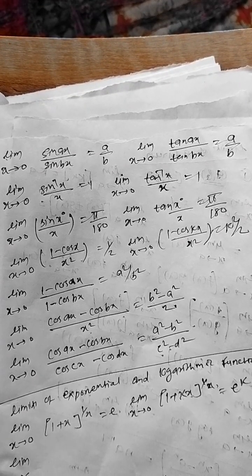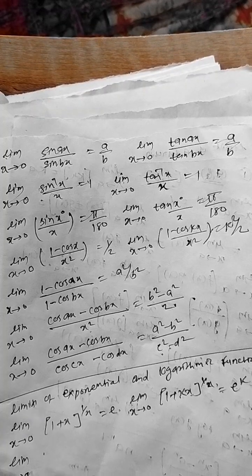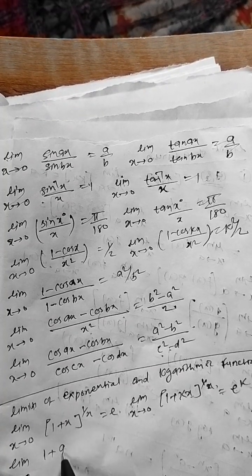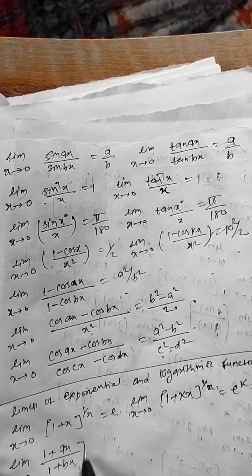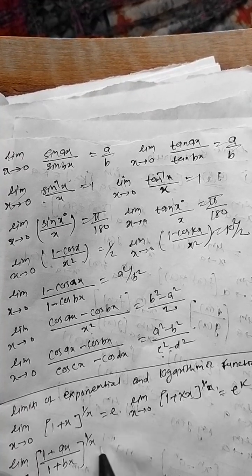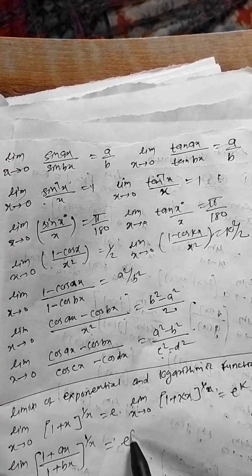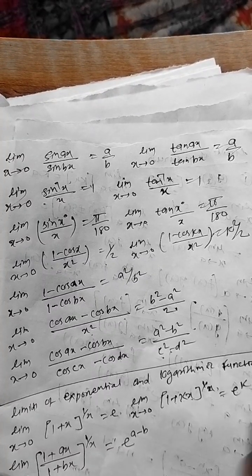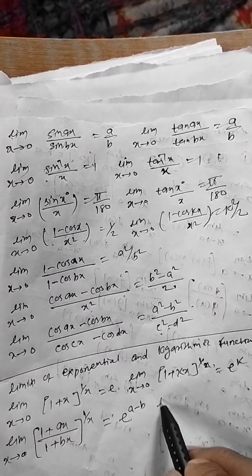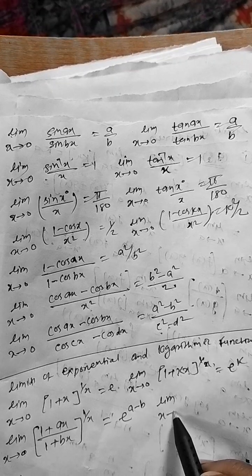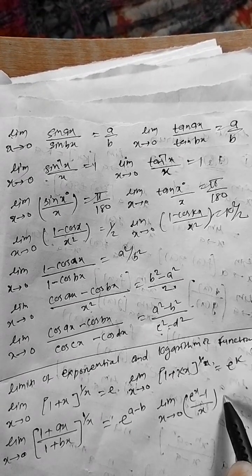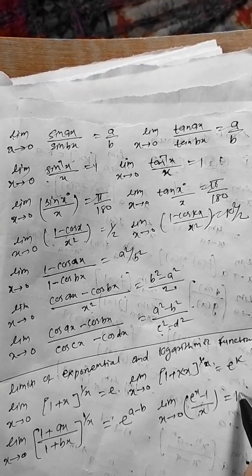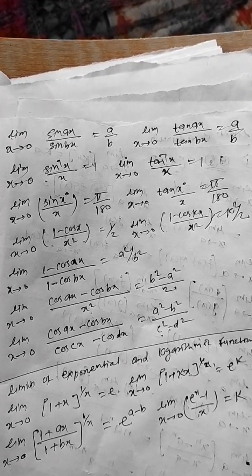Limit of x tends to 0 ((1 plus ax) upon (1 plus bx)) raised to 1 by x is equal to e raised to a minus b. Limit of x tends to 0 (e raised to x minus 1) upon x is equal to 1.